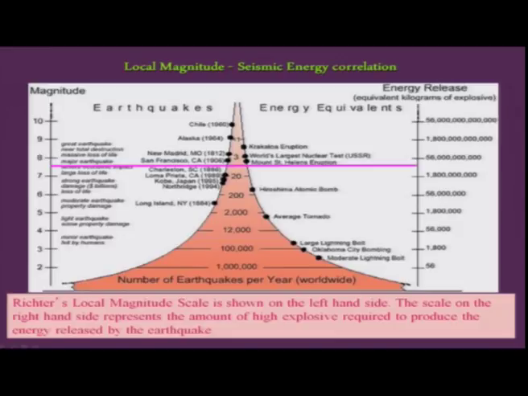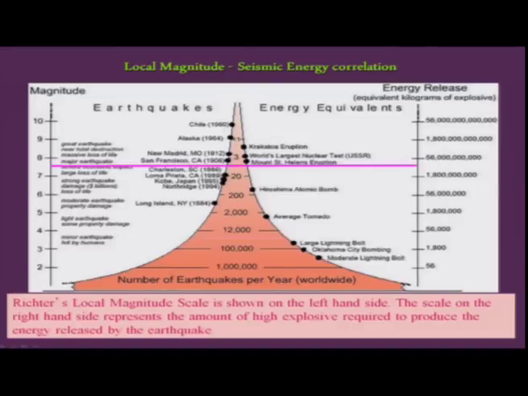If you compare this one, the 2001 earthquake which occurred was 7.6, so this was the energy which was released. And you have much larger energy which was released here during the 1960 earthquake.